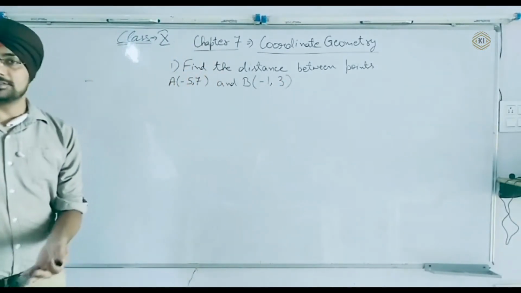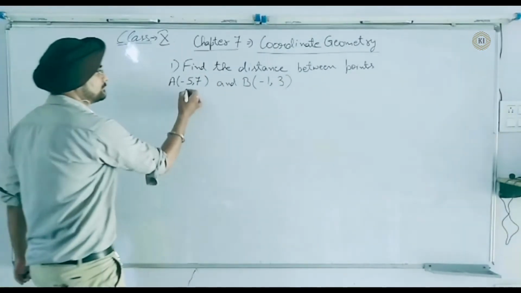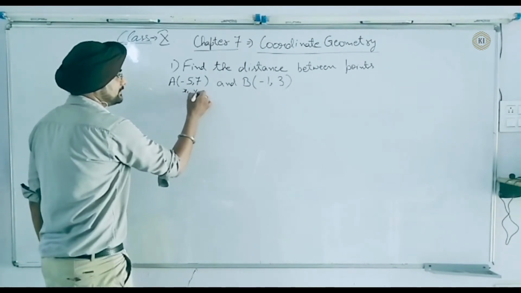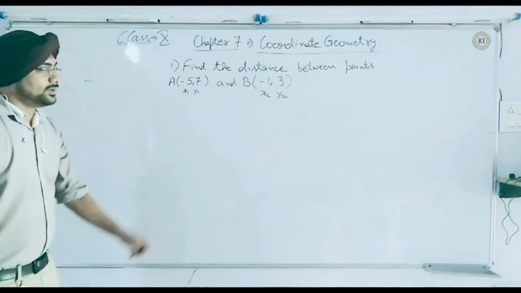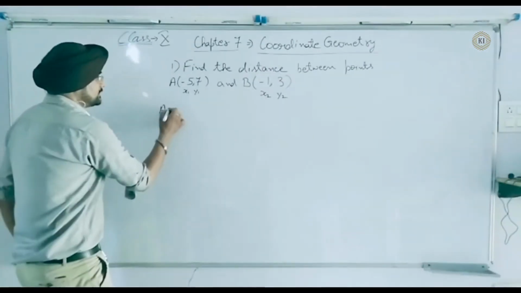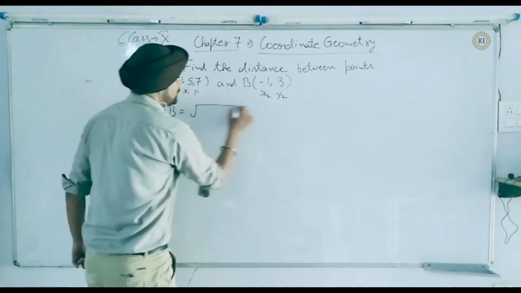So we apply the distance formula to calculate the distance. Here this point will be our x1, this will be our y1, this will be our x2 and this will be our y2.